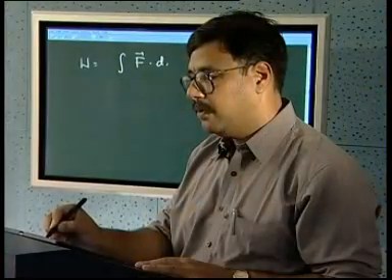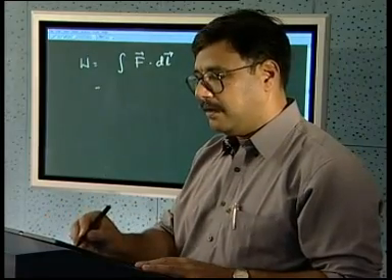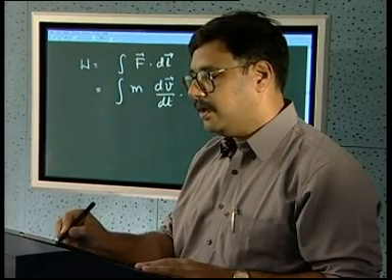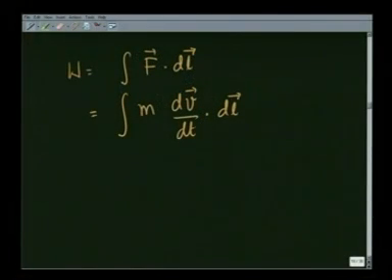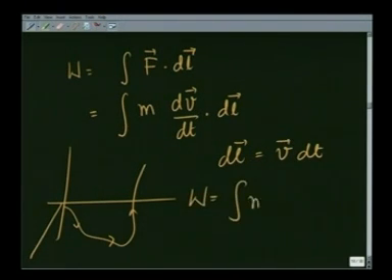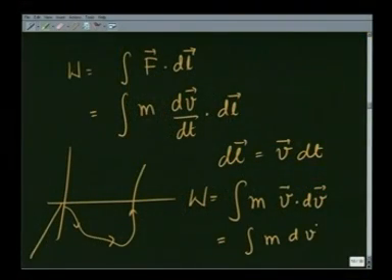So, work, which is equal to F dot dl, can be written as m dv/dt times dl, and when the particle is moving along a curve like this, dl is going to be v dt, and therefore, I have work is equal to integration m v dot dv, and this is nothing but integration m d(v square)/2.